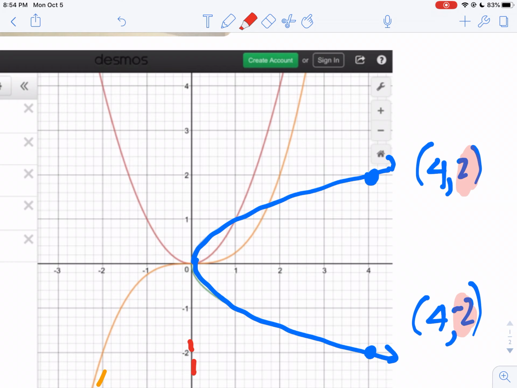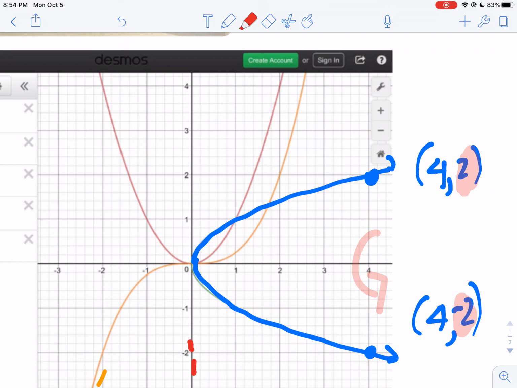Basically an equation is symmetrical about the x-axis if you replace y by -y and you get the same function back. And the same thing is true with the cubic. But enough explaining, let me show you a few problems on how to actually show your work and how to actually test for symmetry.